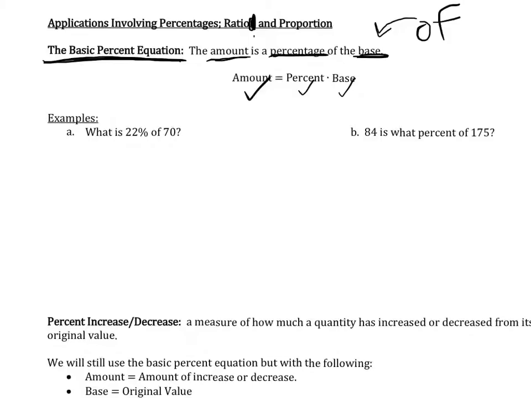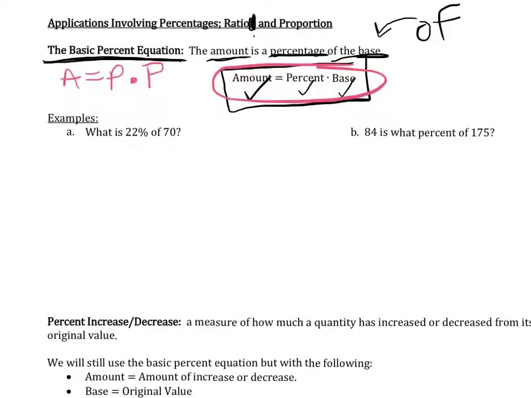Let's first look at a generic problem using the basic percent equation. I have two examples here. Let's start with example A. It says, what is 22% of 70? The goal is to use this percent equation, which I'm going to abbreviate as A equals P times B: amount equals percent times base.